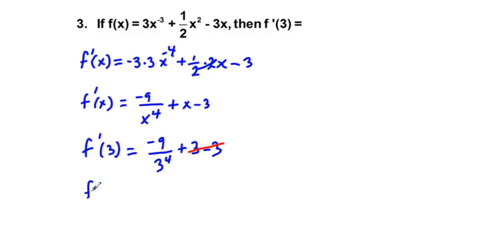So what we have here is f prime of 3 is equal to negative 9 over, well, we're going to have 3 to the fourth power, so that's going to be 81, which is going to be equal to negative 1/9. So that's our answer to problem number 3.